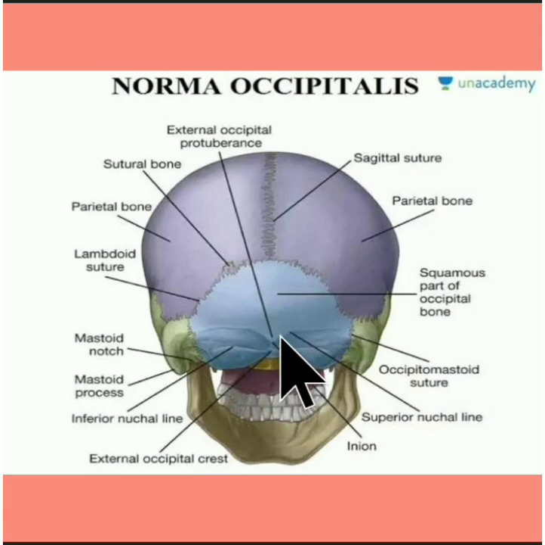And here is the superior nuchal line, inferior nuchal line, and here comes the highest nuchal line. And here is the mastoid process with its mastoid notch.